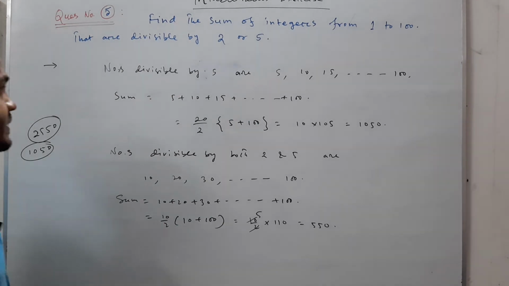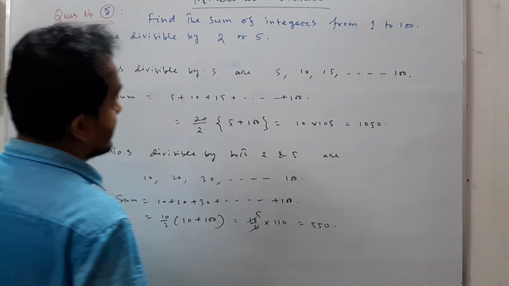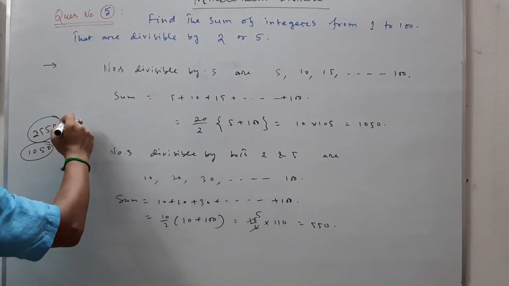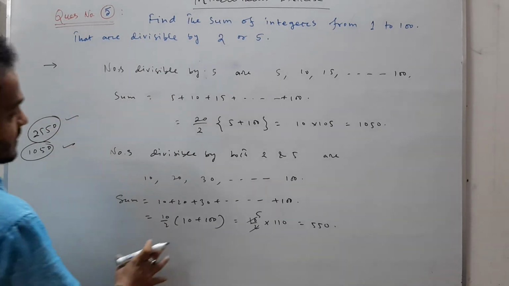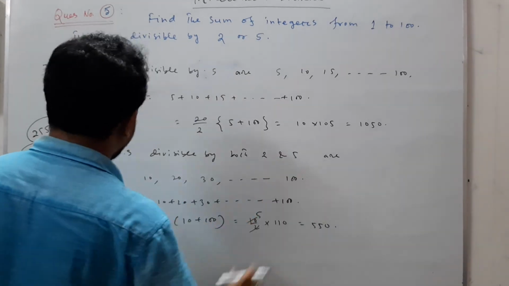Now the required sum, meaning the sum of the numbers which are divisible by either 2 or 5, is actually the sum of the numbers divisible by 2 plus the sum of the numbers divisible by 5 minus the sum of the numbers divisible by both 2 and 5.